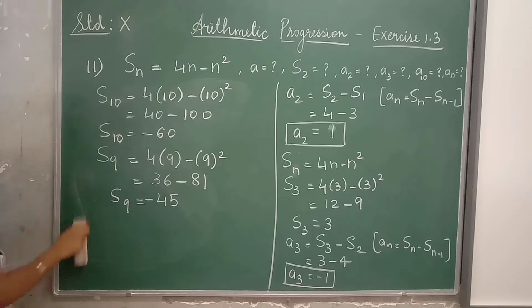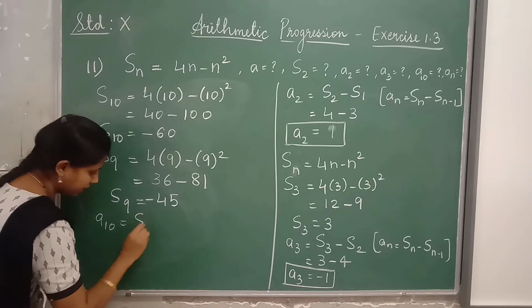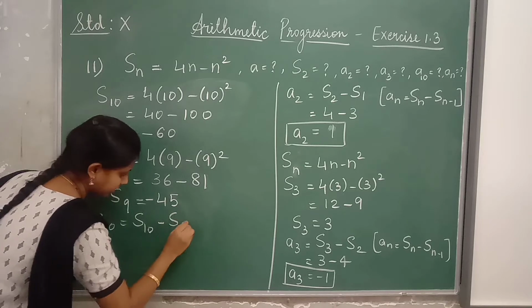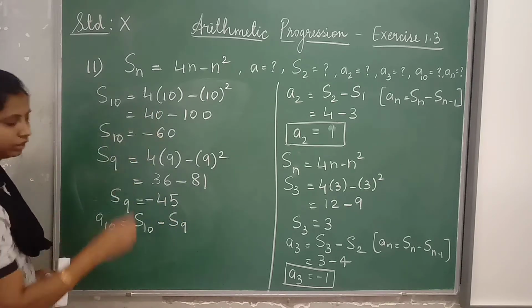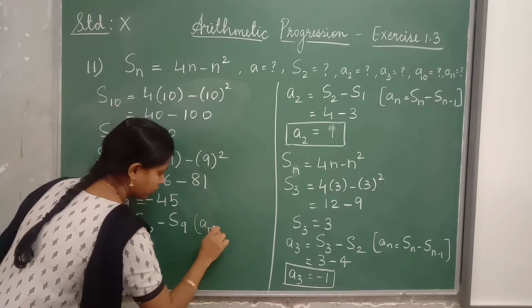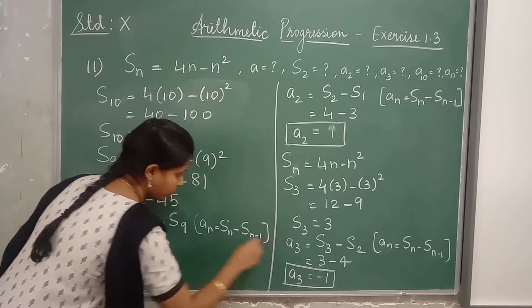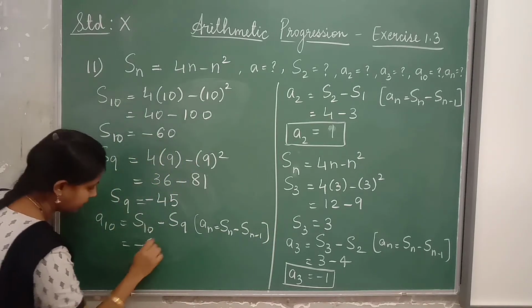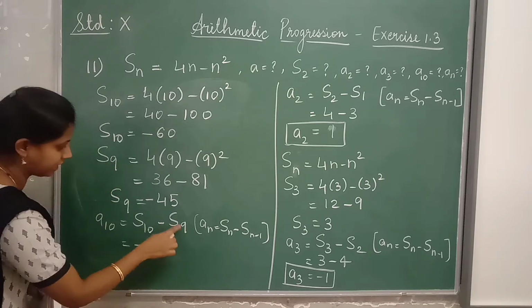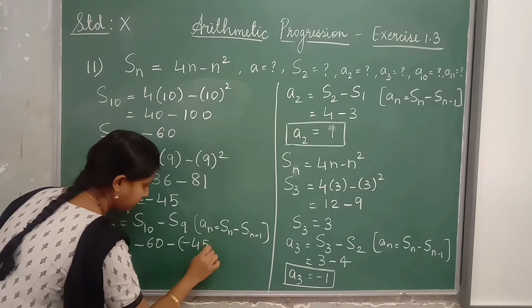Okay children, now we can find A10. So A10 will be nothing but S10 minus S9, sum of 10 terms minus sum of 9 terms, using the formula An is equal to Sn minus Sn minus 1. So you get S10 is nothing but minus 60, minus as it is, S9, the sum of 9 terms, is minus 45.